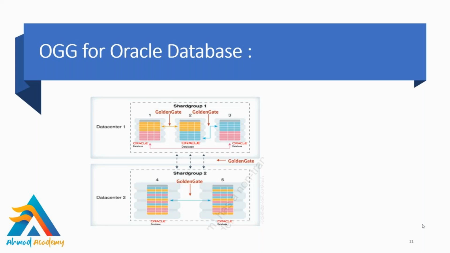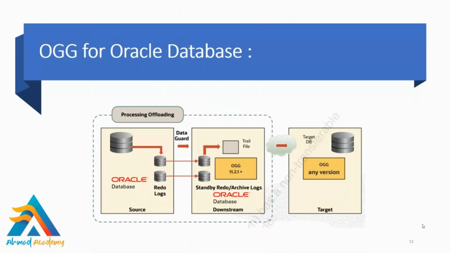Now, offload redologs. So captures can be offloaded from the source database to an intermediate host by copying the redologs. So Oracle GoldenGate, in the diagram you can see, version is 11.2.0.3 or higher with the plus sign to show offloading to a downstream database.